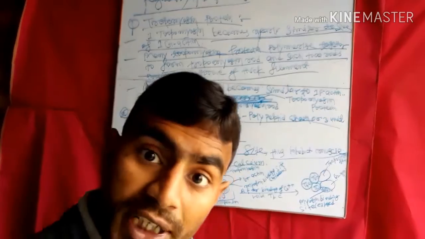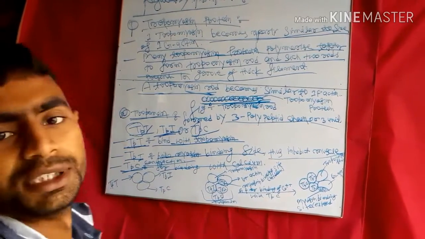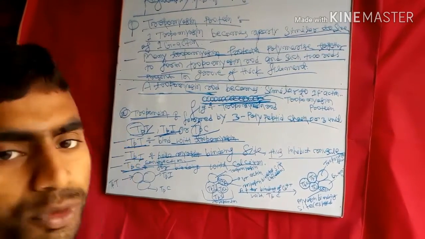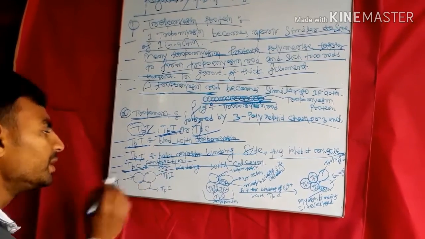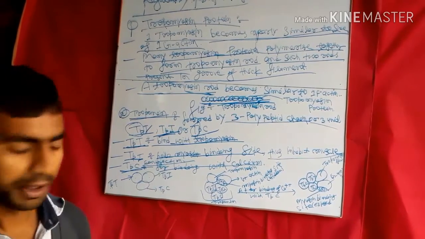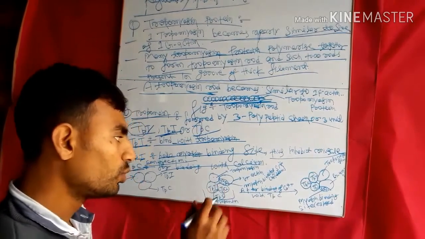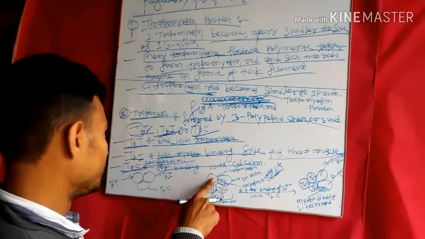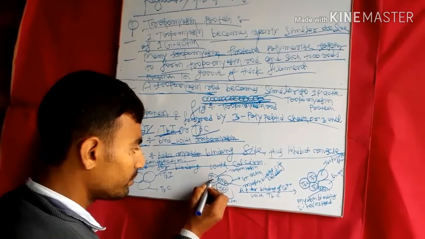To understand this lecture well, you can see these figures on the whiteboard. This is TPT, TPI and the third, TPC. Here this is tropomyosin, denoted by TP.